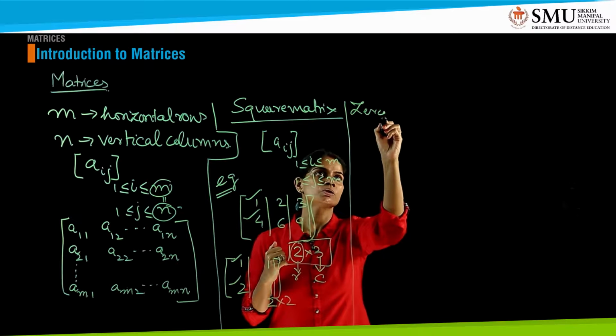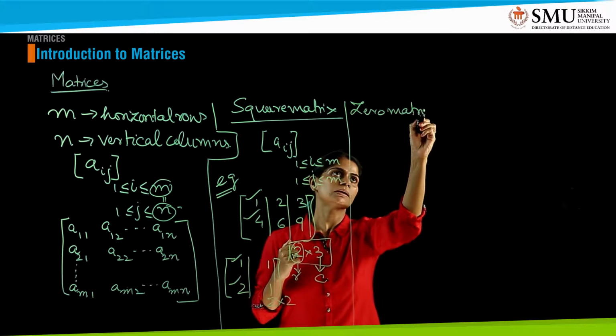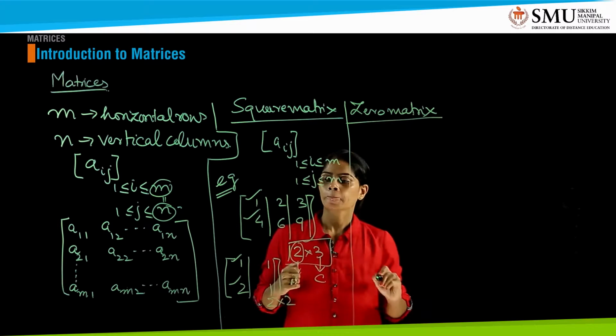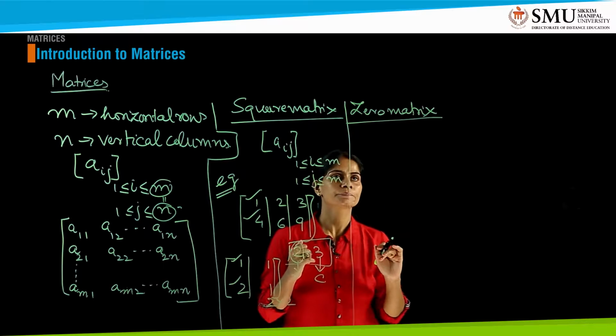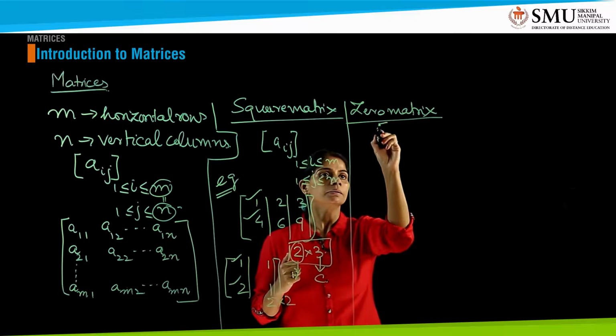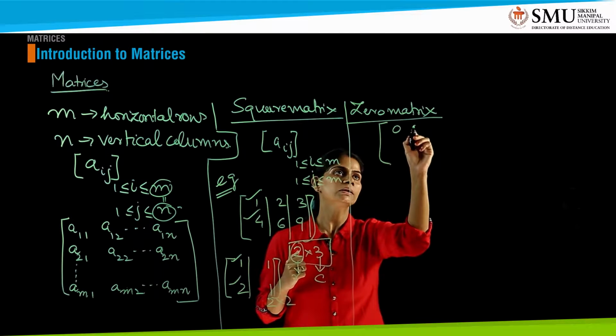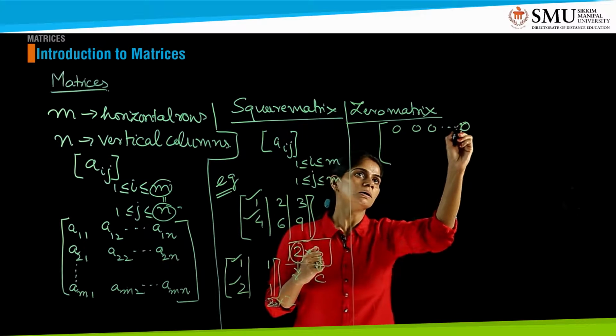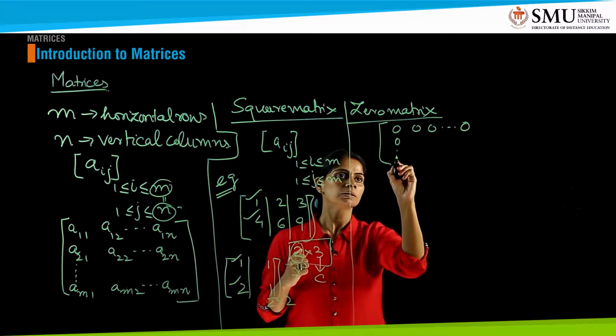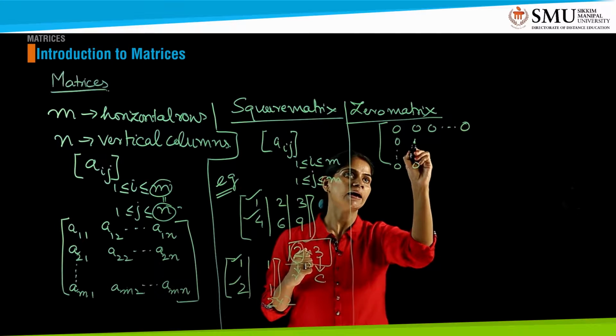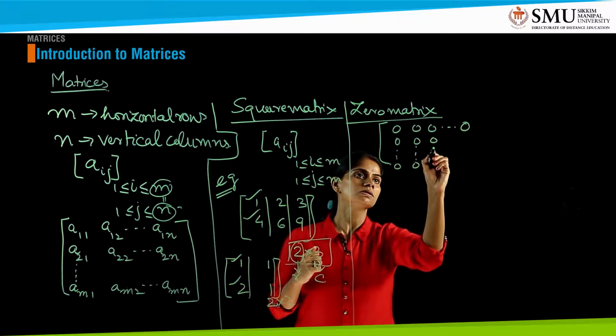Another is called a zero matrix. What do you mean by a zero matrix? Any layman's idea? Yes, the matrix where all the elements of rows and columns are 0, we call that matrix a zero matrix.